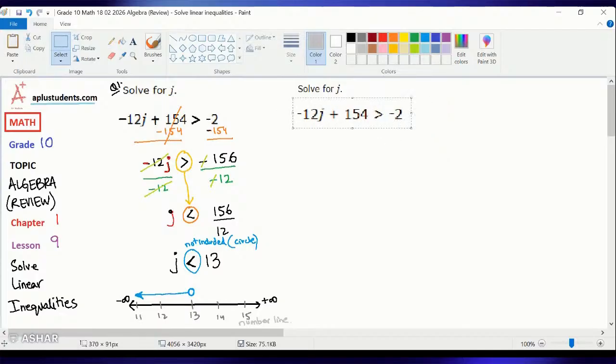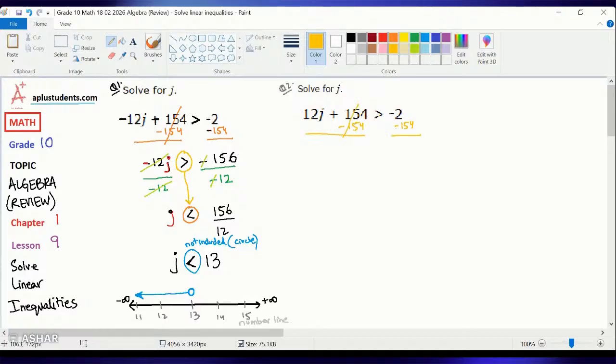Rather than having a negative, let's make 12j a positive. Let's see what happens for the positive in question number 2. The same step for the first value: we take 154 to the other side. We subtract 154 on either side.